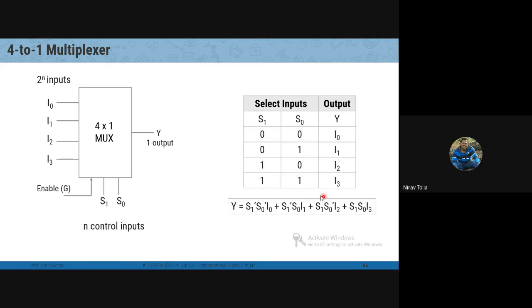When my I1 comes to the output, S1 is 0 and S0 is 1. So the equation is S1 bar S0 I1. And then for I2, S1 S0 dash I2, and for I3, it is S1 and S0 as they are.